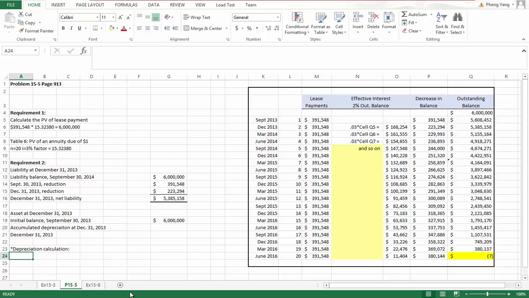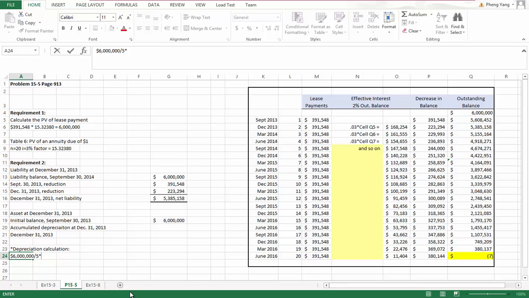All right, so for the depreciation calculation, it's going to be $6 million divided by 5 years, because it's straight line, times, there's only 1 quarter that has passed, so September, October, November, December.